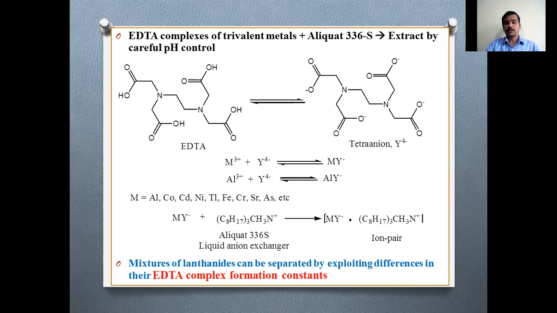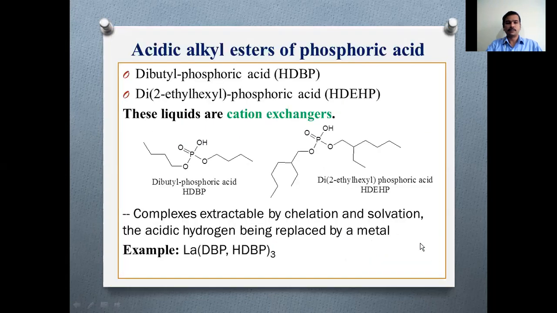EDTA will be a selective reagent to react with many metals, and they possess different formation constants. Whichever species is more stable in the aqueous layer can be separated from the species which is less stable. Whichever species is more stable at one particular pH, you can convert that into a metal EDTA complex in order to convert it into the anionic state, and you can make it react with Aliquat 336S, and we can extract that.